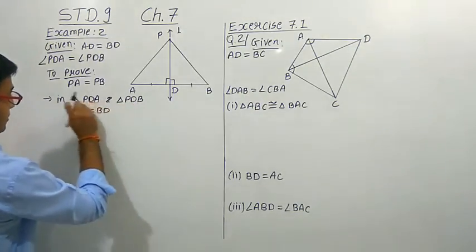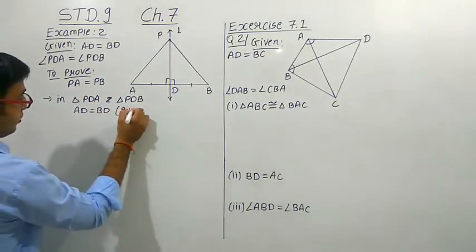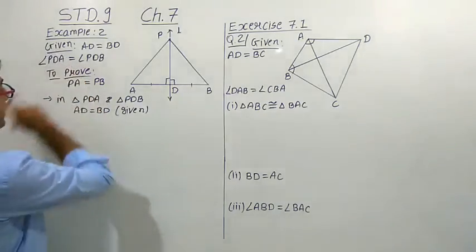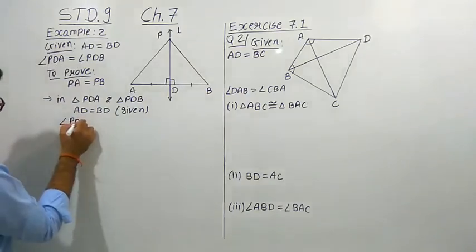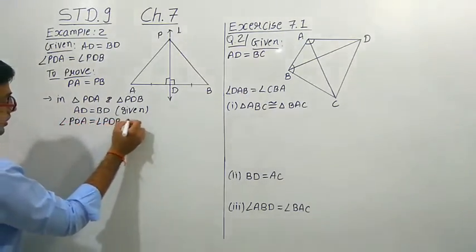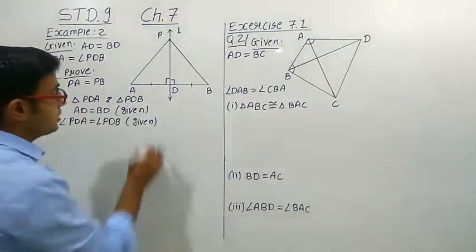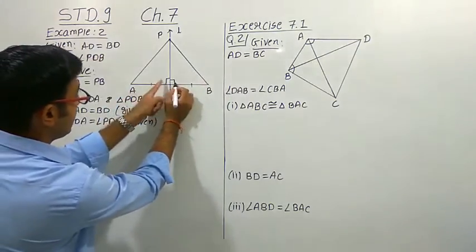This is the condition we write here, and this condition we have already been given; this is the reason. Second, we can write angle PDA is equal to angle PDB. This condition is also given. So in these two triangles, these two sides are equal and these two angles are equal.